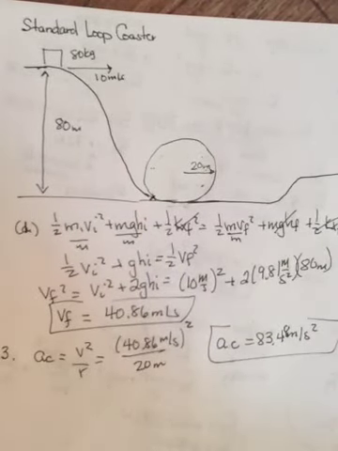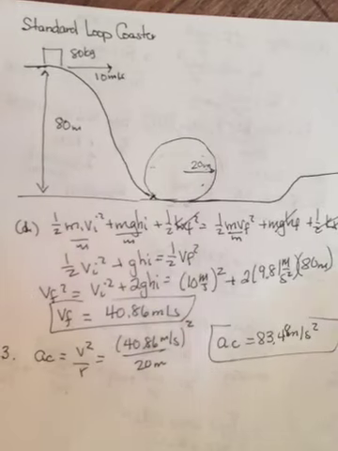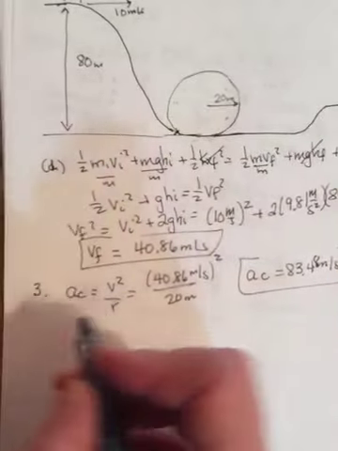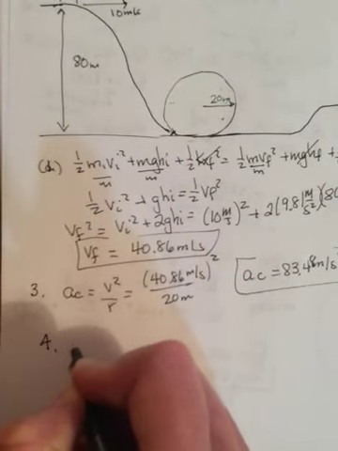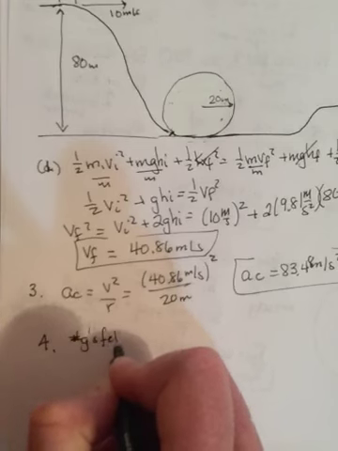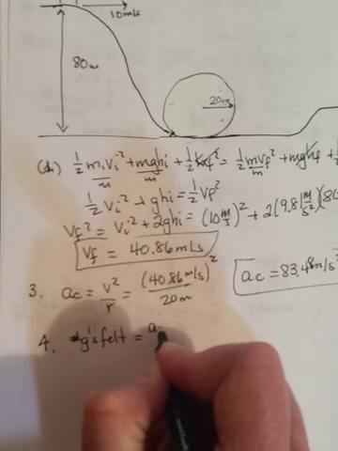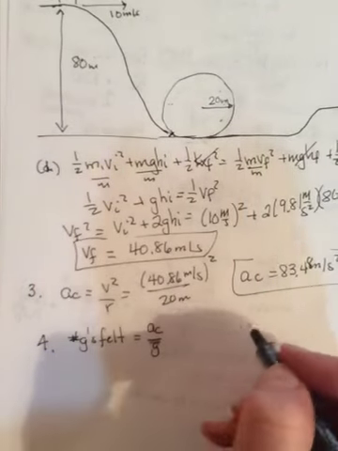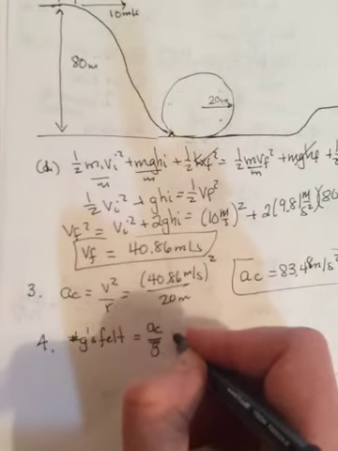And then number 4 says, how many g's does the rider feel at the bottom? So if you remember what we did to figure out the number of g's felt, whether it's at the top or the bottom, it's a c divided by g. And then depending on where it is, you have to decide, are you adding or subtracting?